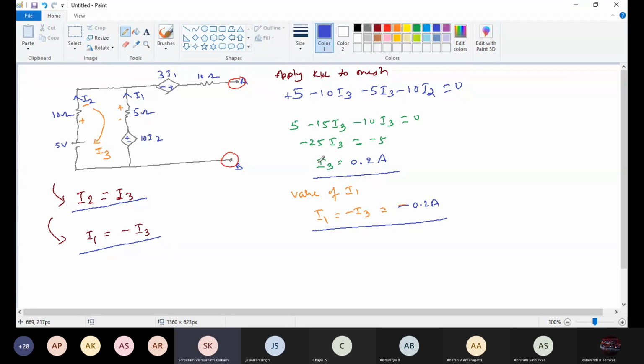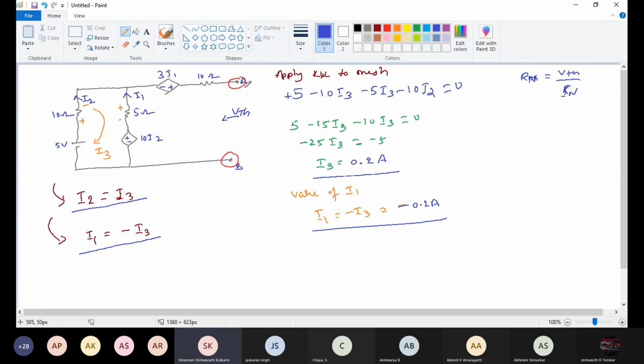After that we need to find this open circuit voltage, that is VTH, because we know that RTH is equal to VTH by IN, open circuit voltage divided by short circuit current. Sorry, this RN.